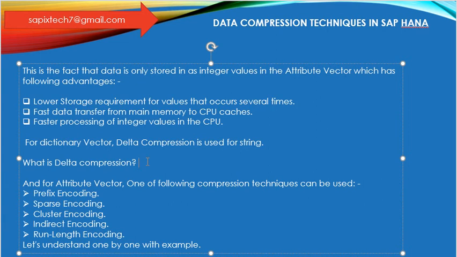Delta compression is used for strings in the dictionary vector.